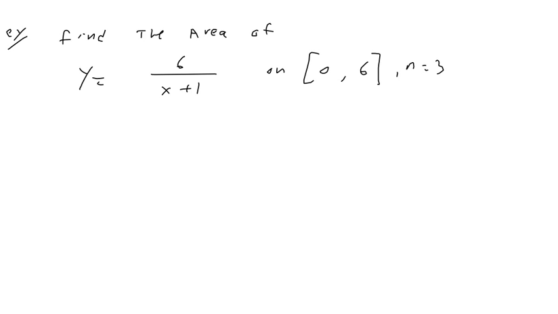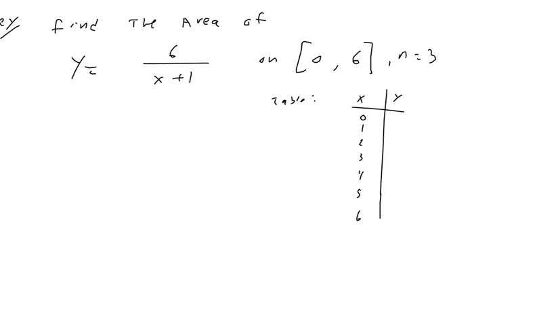So if we want to do the midpoint rule, let's just think about if you want to make a table of values, it might be helpful to make a table. X and y. 0, 1, 2, 3, 4, 5, and 6. If you'd like to make a table that's helpful for you. But what we're doing is we're slicing this into 3 rectangles from 0 to 6.